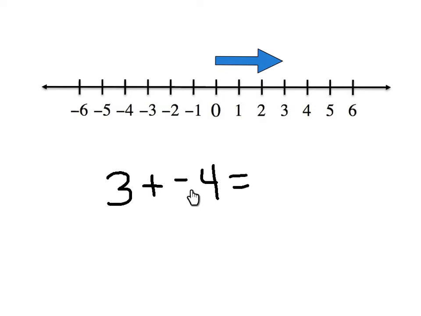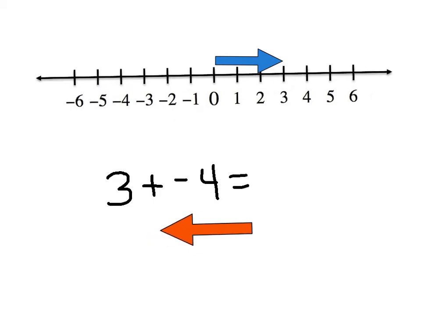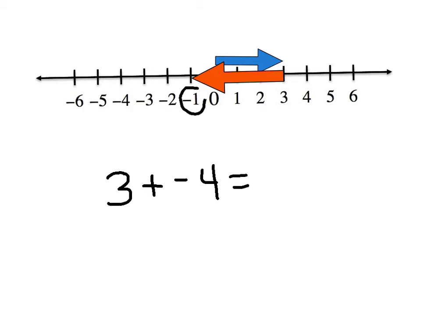Next, I'm going to put in an arrow showing negative 4. This red arrow is going to represent negative 4. I start at the positive 3, and now I'm going to move backwards 4. And if you see, it lands at negative 1. So my answer for this problem, 3 plus a negative 4 equals negative 1.